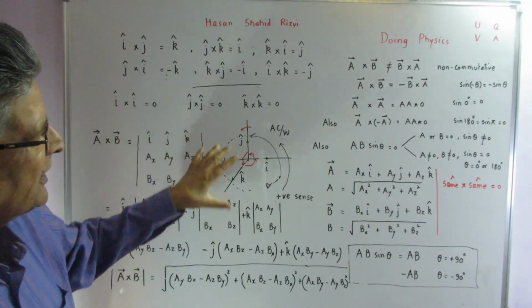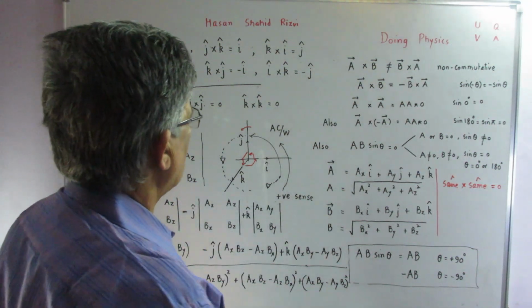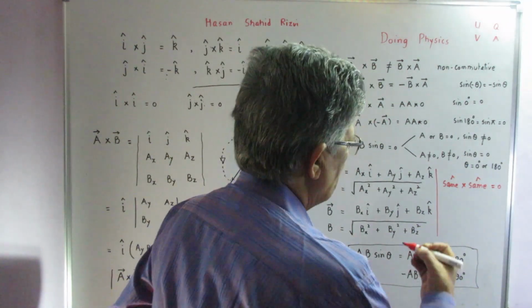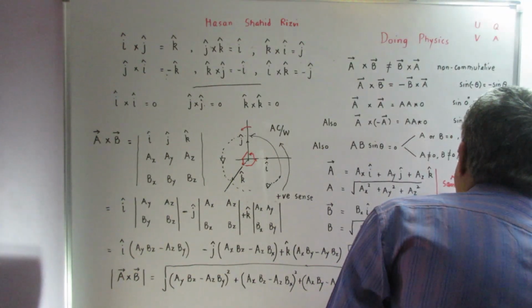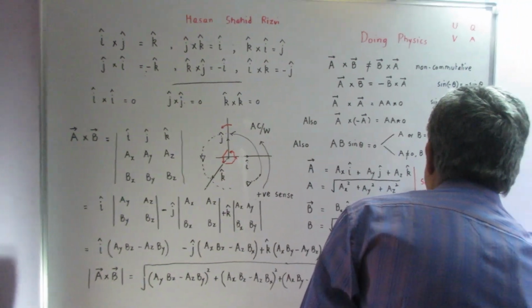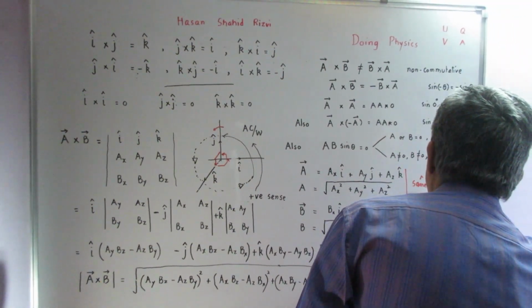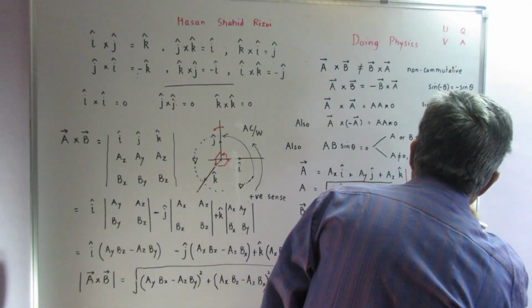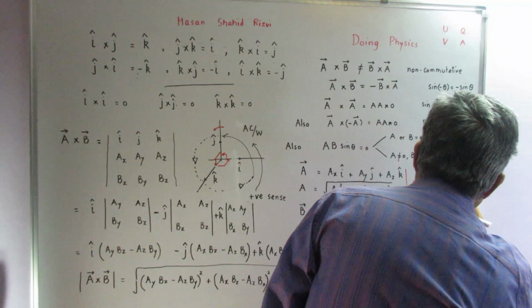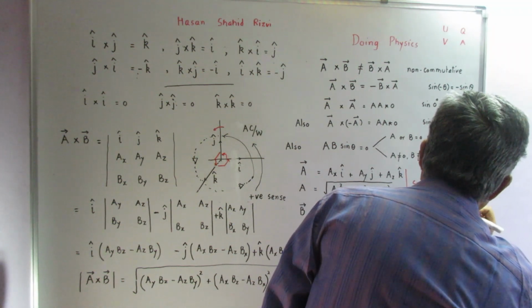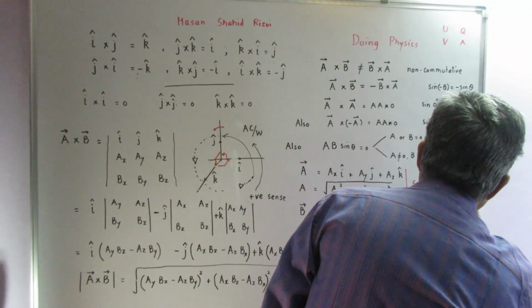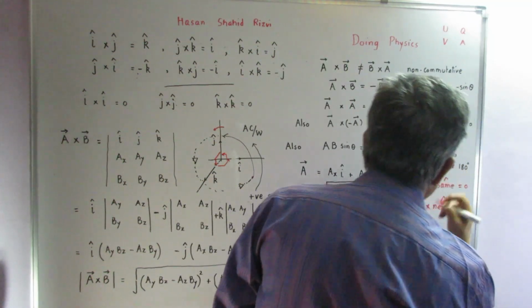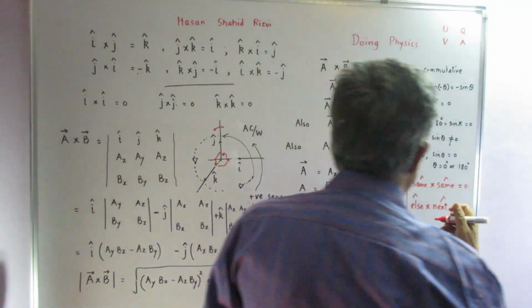So what matters here is the cyclic order. In the cyclic order I can say: a letter cross the next letter will be equal to the next.